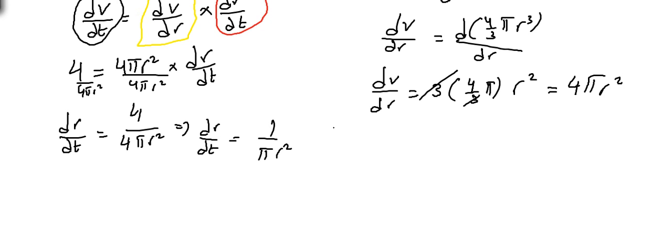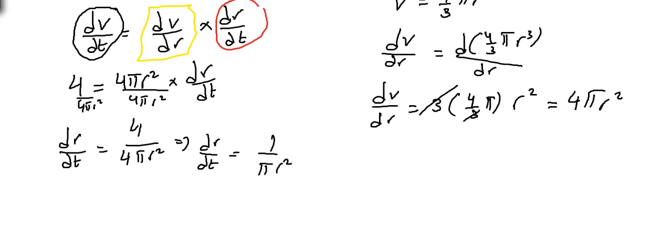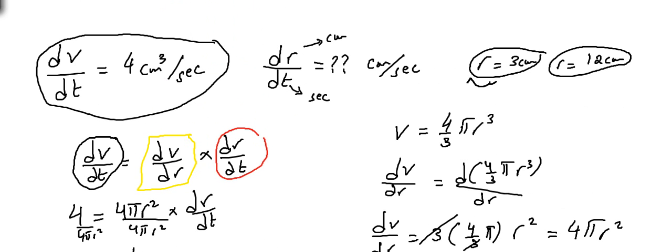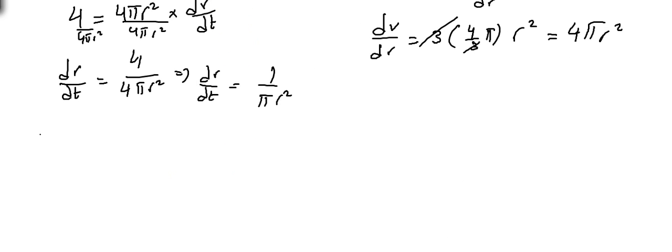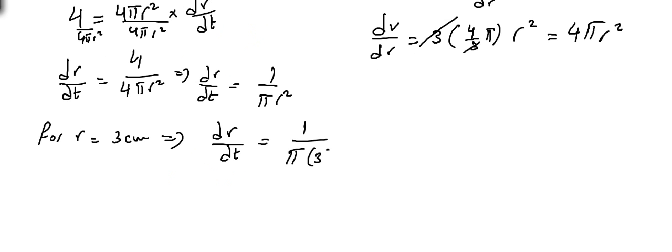Now we want to find dr/dt in two different cases, where r is 3 centimeters first and then r is 12 centimeters. For r equal to 3 centimeters, dr/dt will be equal to 1 over pi r squared, so it's 1 over 9 pi.